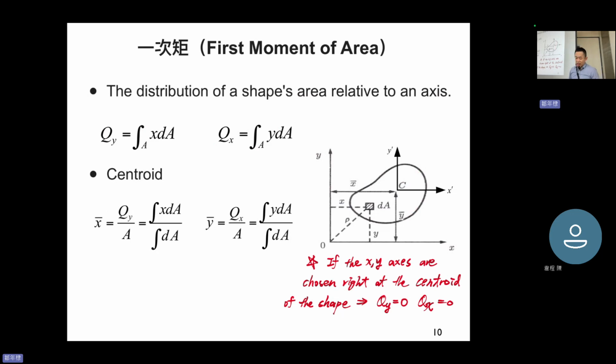So if you choose the xy axes at the centroid, all these things will cancel each other. So Qx and Qy will equal 0. Okay, so Qx and Qy, or you can say x bar and y bar, will be significantly affected by the way you choose the coordinate.